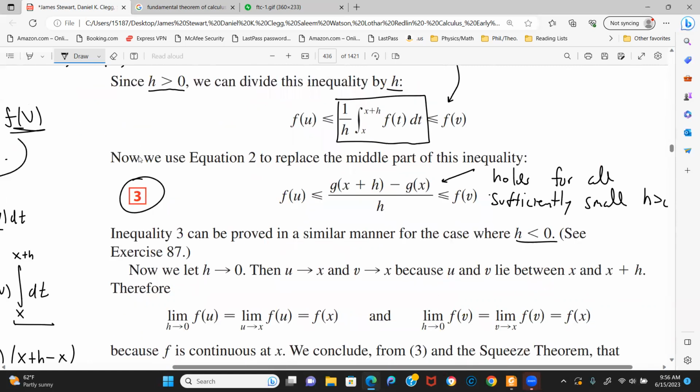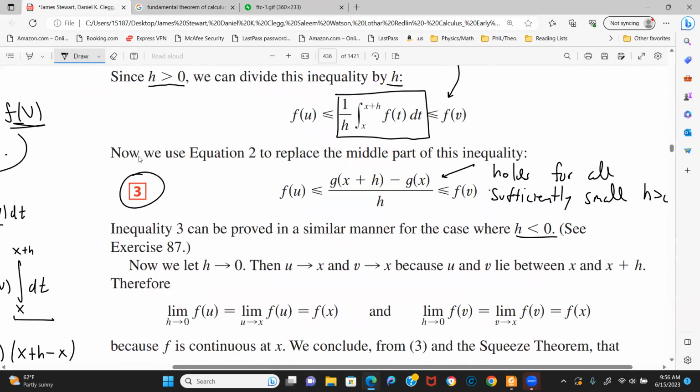Now, here's the important thing. So now we want to let h go to 0 because we want to compute this derivative. We want to compute the derivative of g. Now, these numbers, remember, they depend on h.